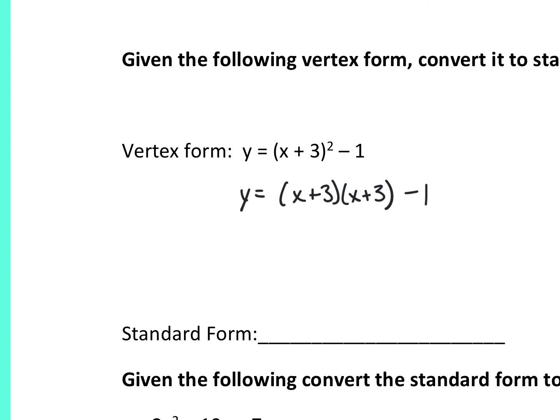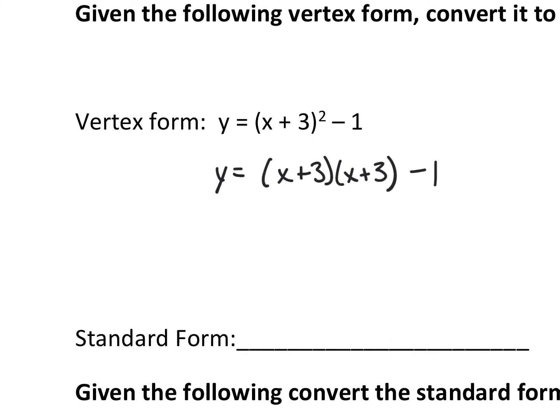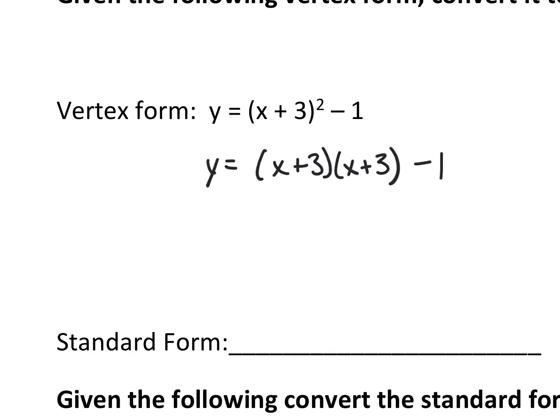We have definitely solved problems that look like this. First things first: first term to first term, x times x, x squared. First term, last term, x times 3, 3x. And 3 times 3, plus 9.